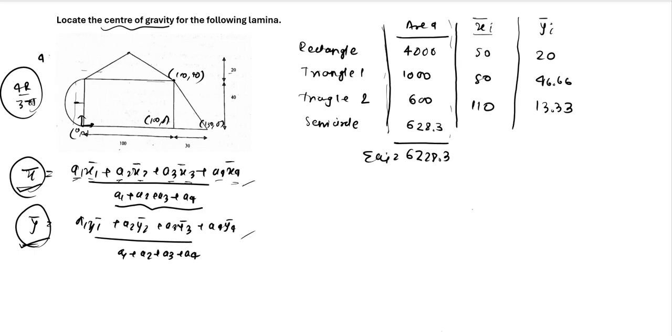So 4r by 3 pi: 4 into 20 divided by 3 into pi. So 80 divided by 3 pi will give you 8.48, and it is minus 8.48 because it is on the left of the cross section. In the y, it will be just at the midpoint of the rectangle also because of symmetry. So it will be 40 divided by 2, which is 20.